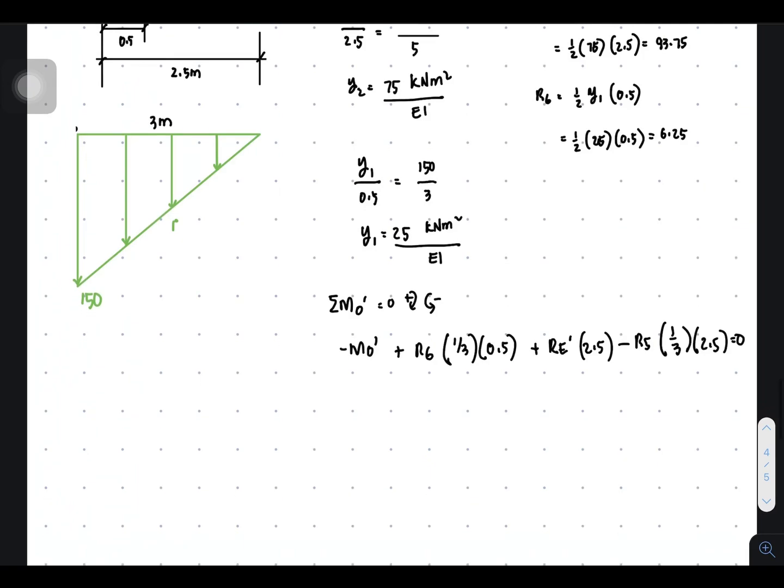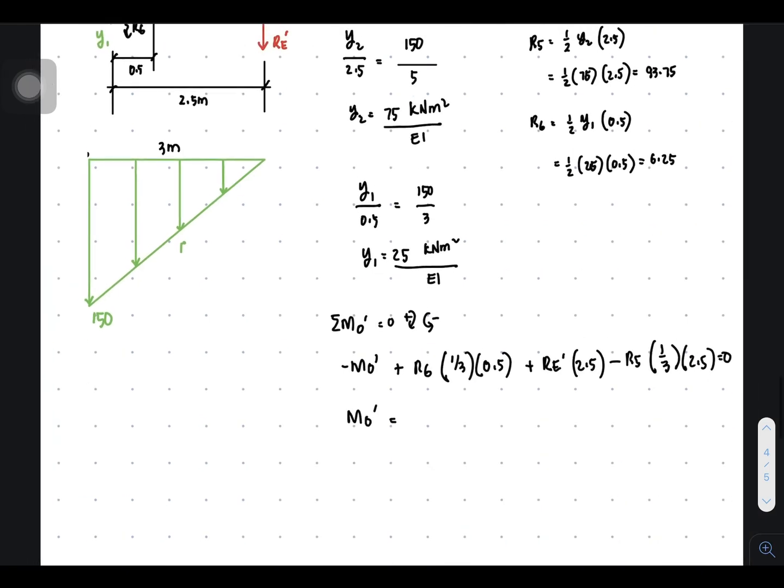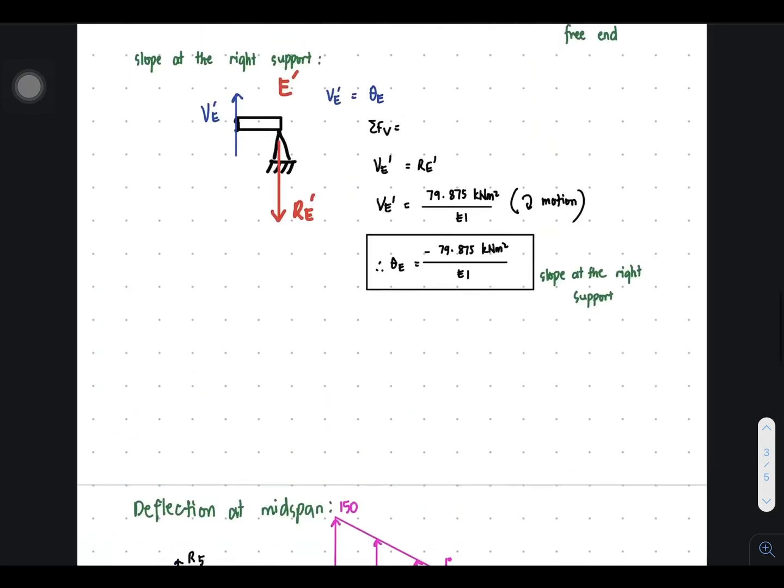So transposing MO prime to the other side, it will become positive MO prime, and that is equal to R6. R6 is 6.25 times 1/6, then plus RE.